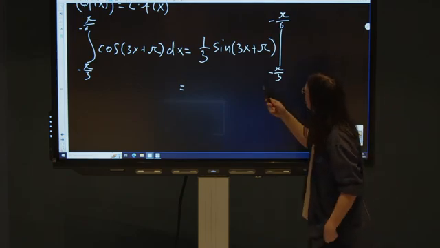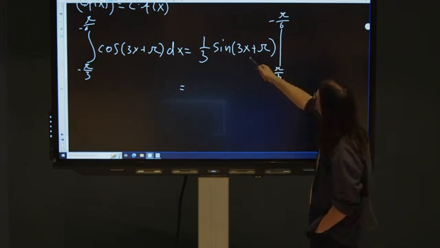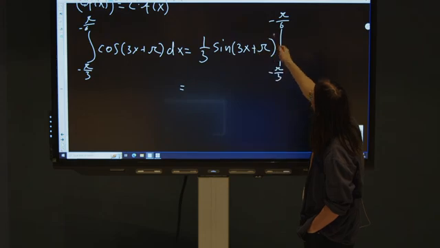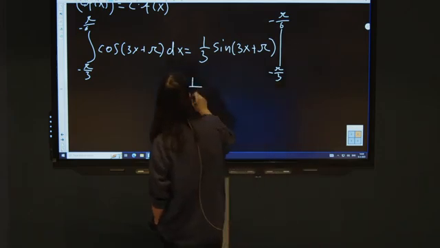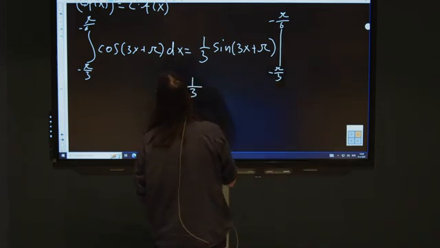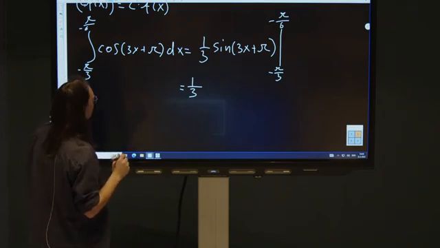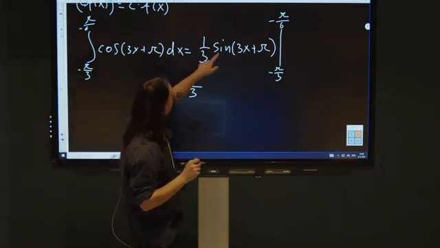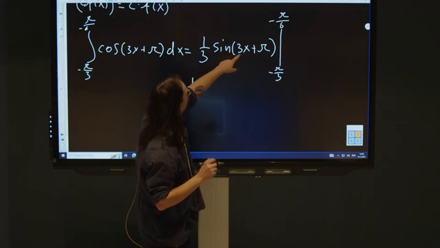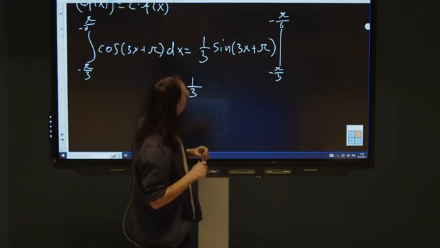That gives me 1/3 times sine of pi minus 3 pi over 6.